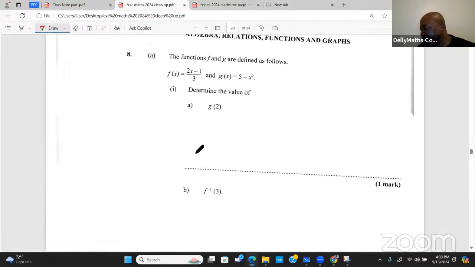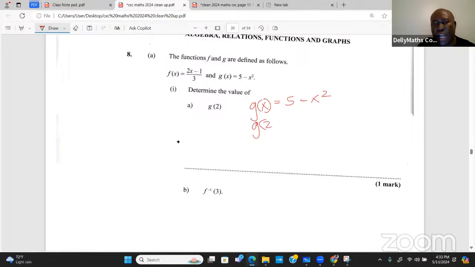We're at question 8. Question 8 now says the functions f and g are defined as follows, right? So f of x is equal to 2x minus 1, and g of x is 5 minus x squared. They want us to find g of 2. So I'm going to take the g function. Remember, g of x is equal to 5 minus x squared.